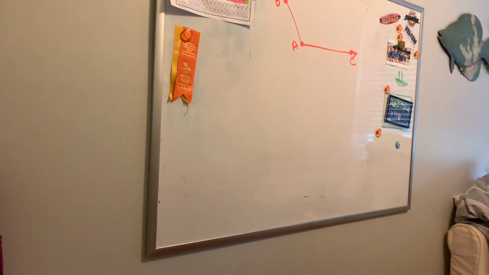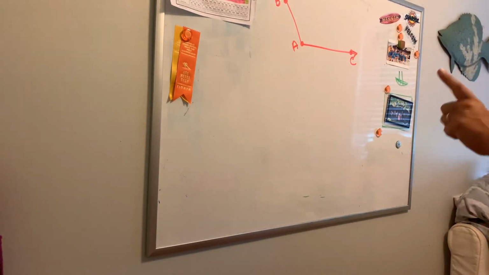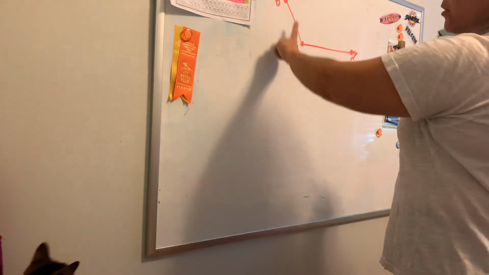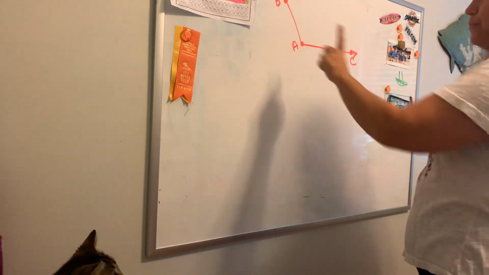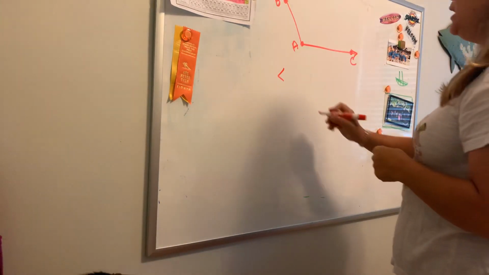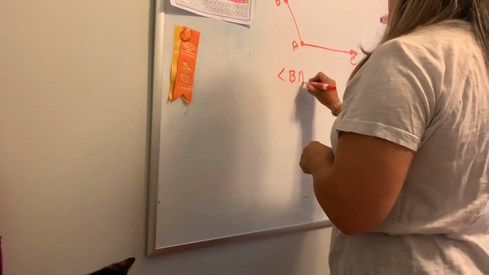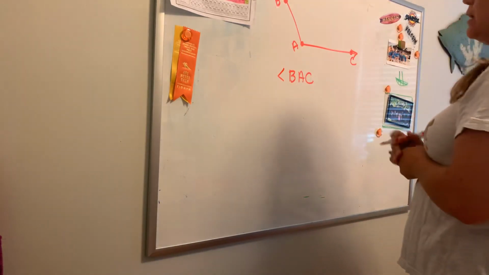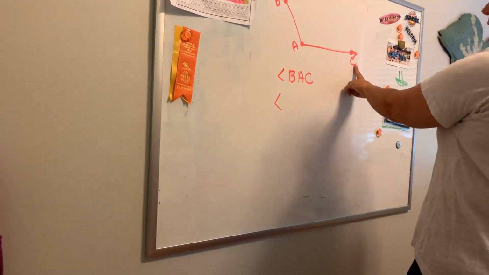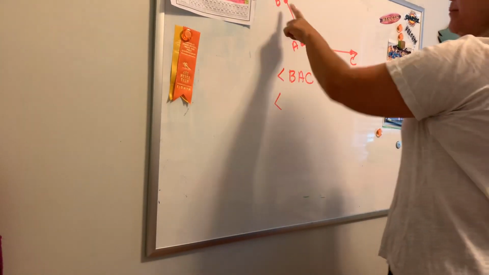And so there's 3 different ways to name them, and it's very specific. You have to name them in the order that the letters are written. So we write a little mini angle sign, and it's BAC. Another way, because we don't know which way you're starting, you could also go this way, CAB.